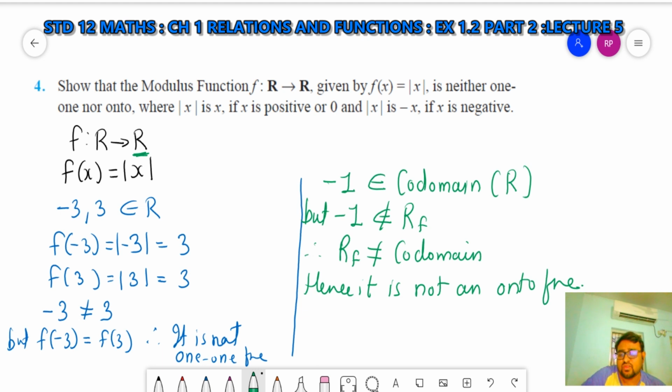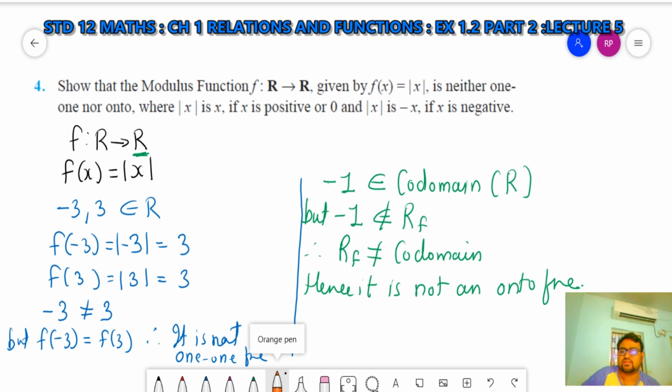Okay, now if you want to make this function 1-1, then how will you make it? When can you say that this function will be 1-1?